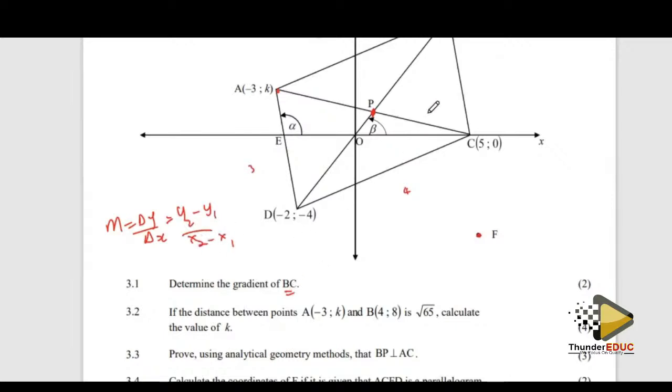So when you look at BC, we have (4, 8) and then (5, 0). So that's going to be 8 minus 0 over 4 minus 5. So that is 8 over negative 1, and then our gradient becomes negative 8. So that is the gradient that they need here for BC.